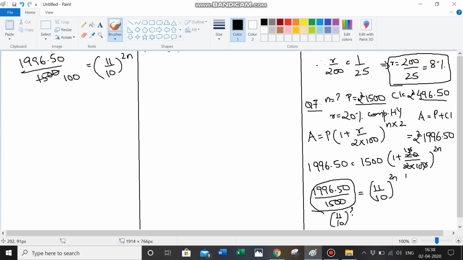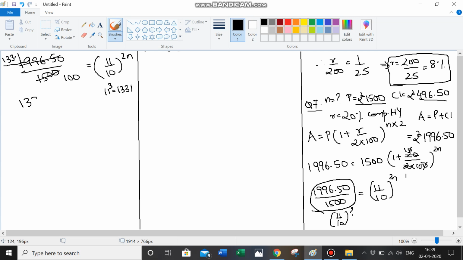If I divide this by 15, I get 133.1. Now, when I get 133.1, I remember that 11 cube is equal to 1331. So let me try and multiply both sides.